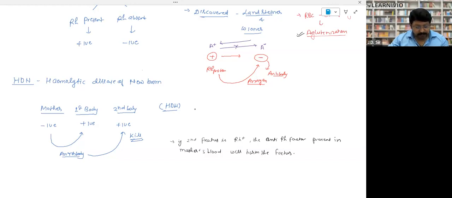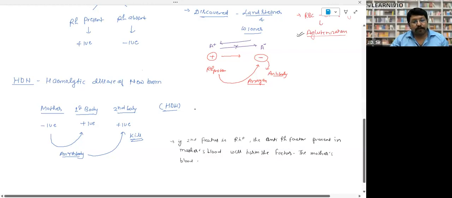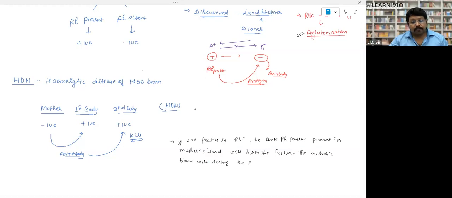The mother's blood will destroy the RBC of the fetus.